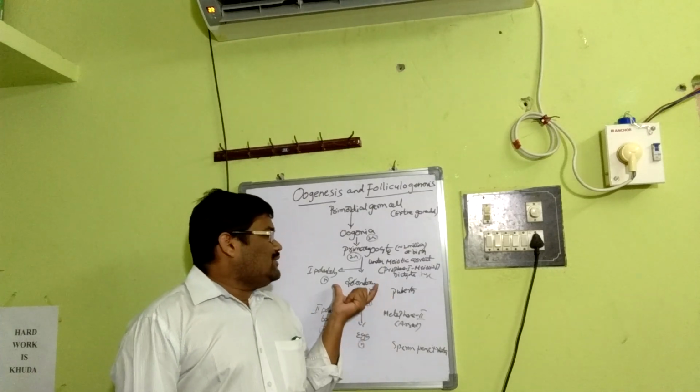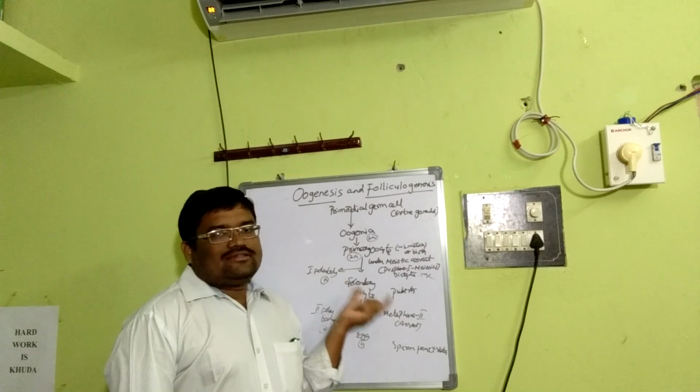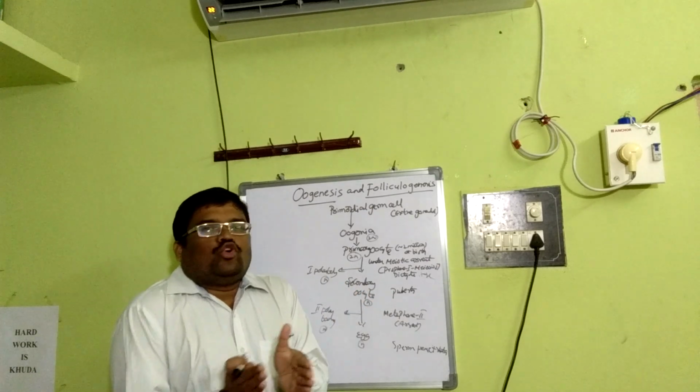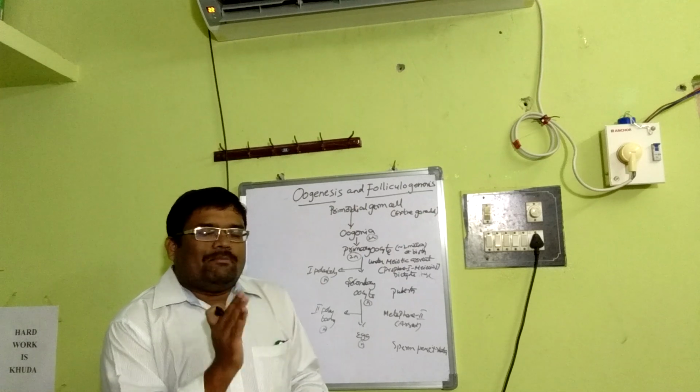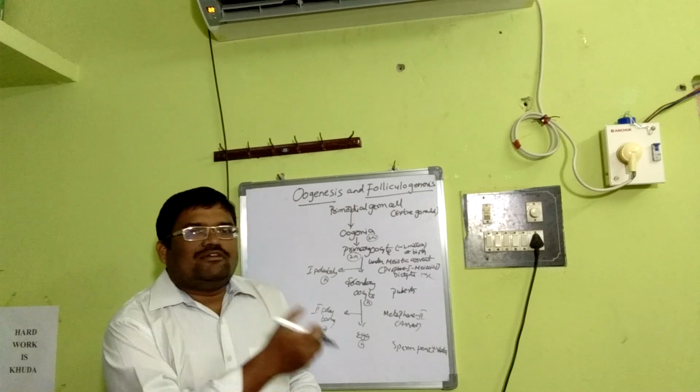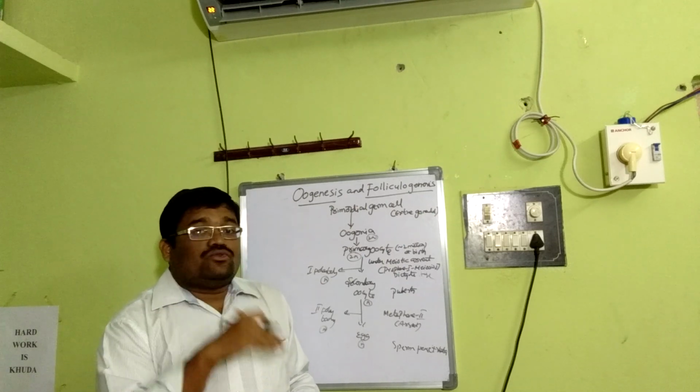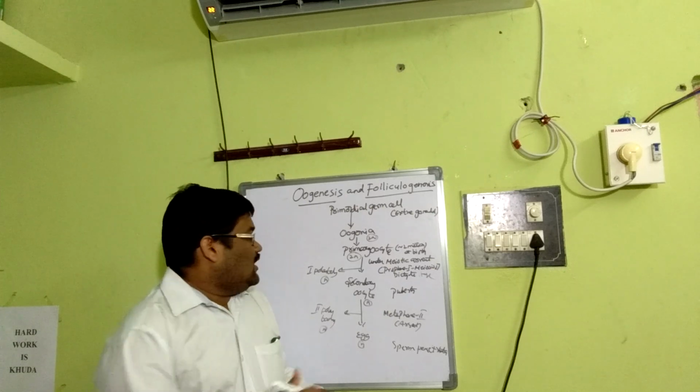Here the thing is, when the secondary oocyte is ready, it happens just before ovulation. We have all discussed: per each menstrual cycle, one oocyte will be released, at the secondary oocyte stage, and the follicle is the Graafian follicle.